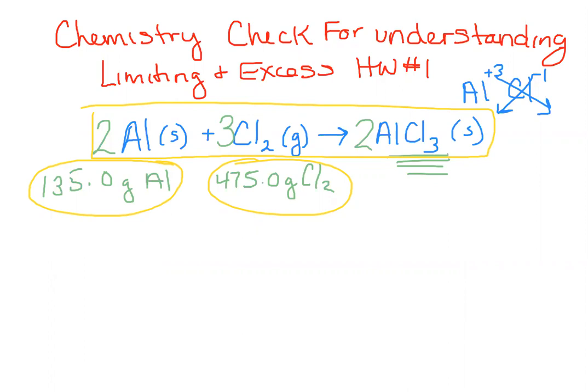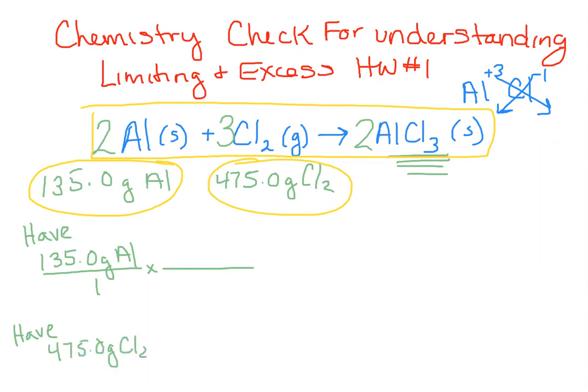We have to say we have 135.0 grams of aluminum. That's what we're starting with. And we have 475 grams of chlorine gas. Those are the 2 things that we have.